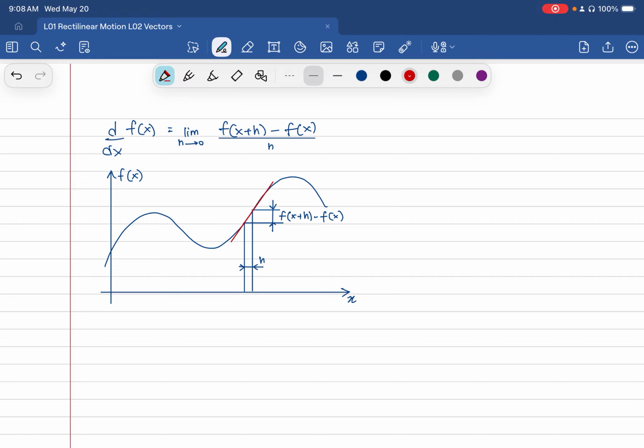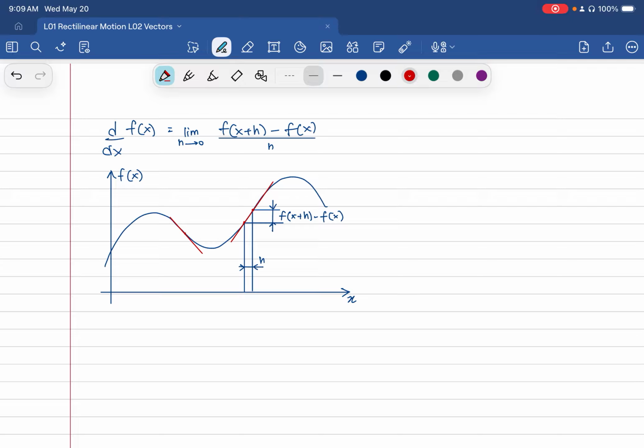But this slope is between these 2 points. Now, as h becomes smaller and smaller, it is essentially the tangent that you obtain at any point. So the tangent over here would be this, and that is the value of the derivative of the function. Okay, the slope of that tangent line. It's always the slope of the tangent line.